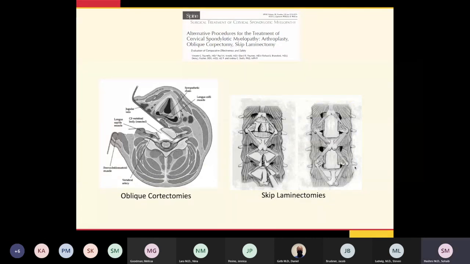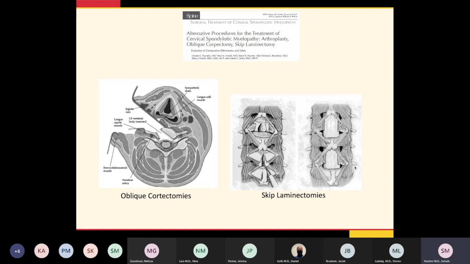Alternative options, non-fusion procedures that can be looked into, are oblique corpectomies anteriorly, which go from the symptomatic side. It's theoretically not a destabilizing procedure. Skip laminectomies posteriorly can also provide significant decompression.